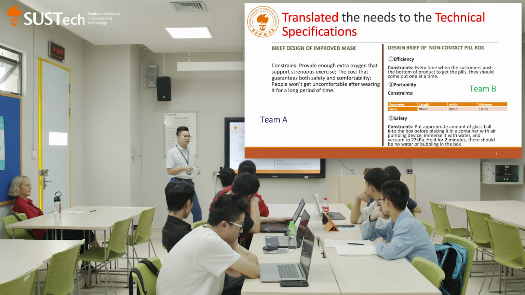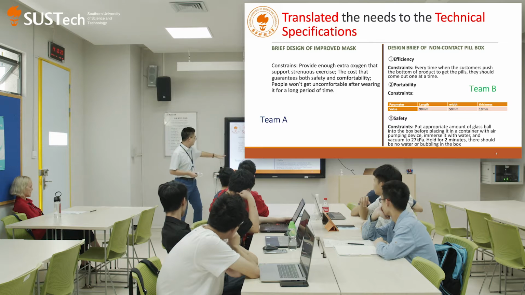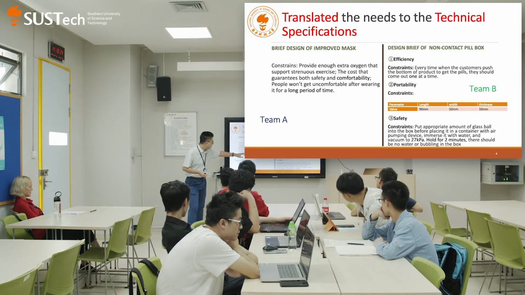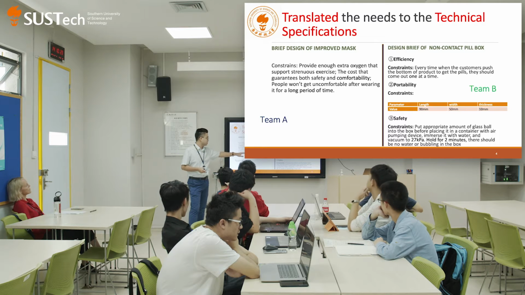So eventually you are going to summarize them and translate them into the engineering technical specification. It's something that you can measure. Something quantifiable, right? So, for example, wearing for a long period of time, this is called non-accurate terms.